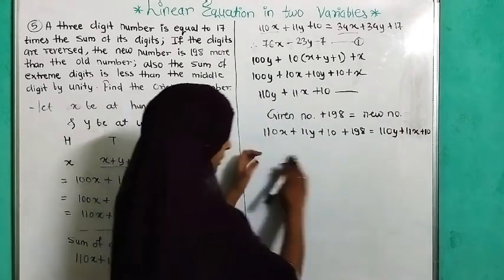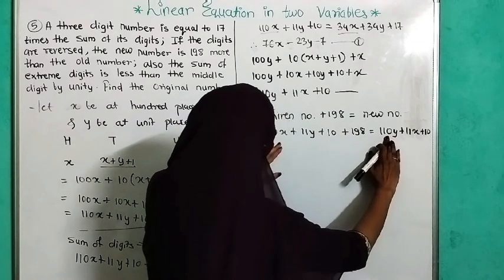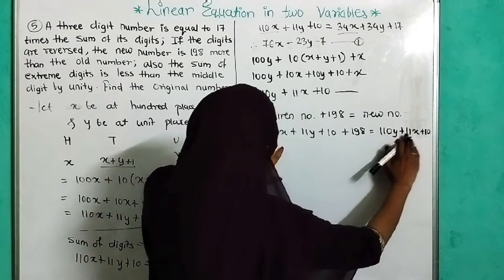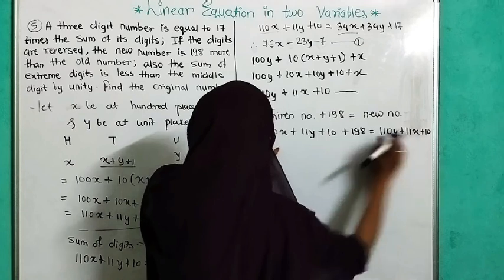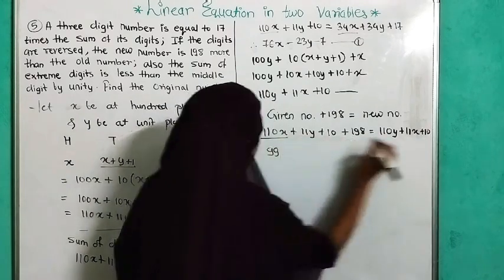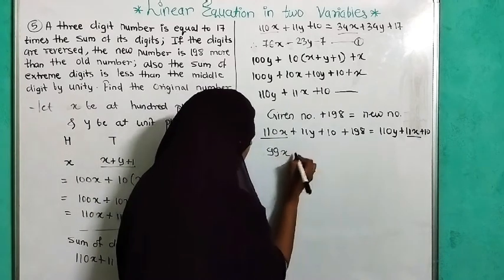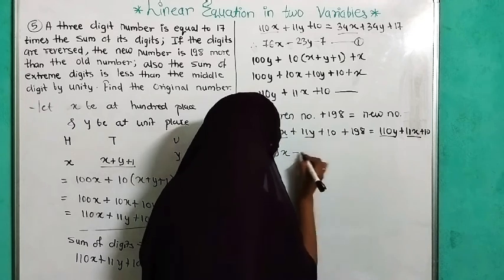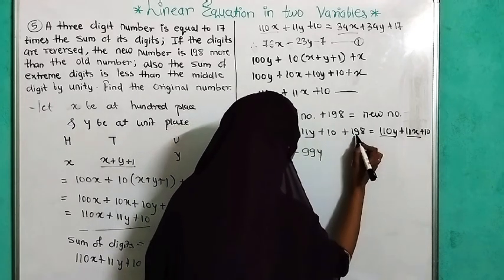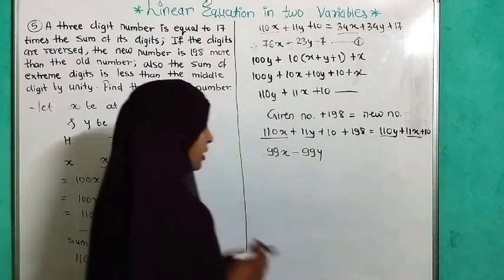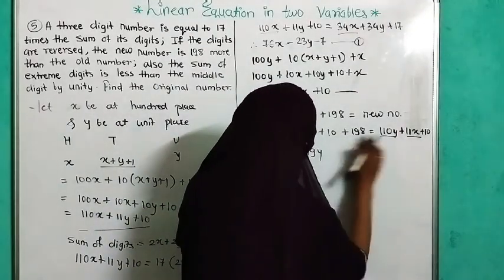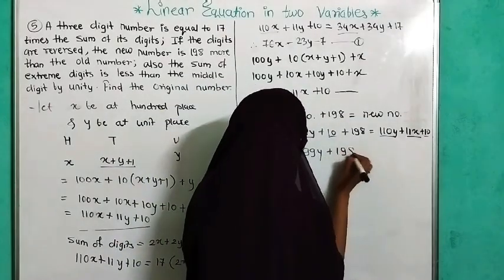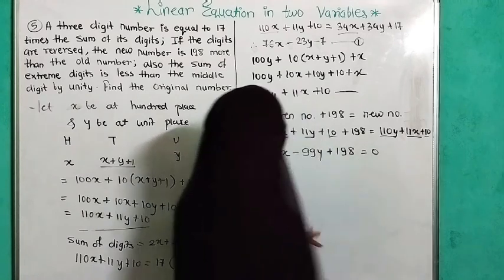So what are we going to get here? 110x minus 11x, that is 99x, plus 11y minus 110y, so minus 99y, and 10 minus 10 is equal to 0, and plus 198 is equal to 0.